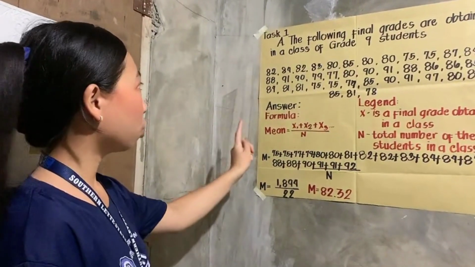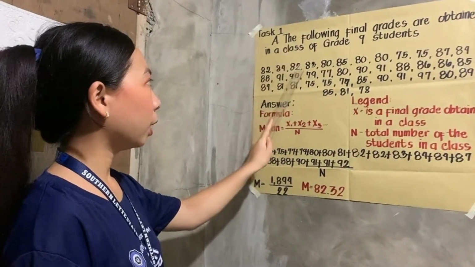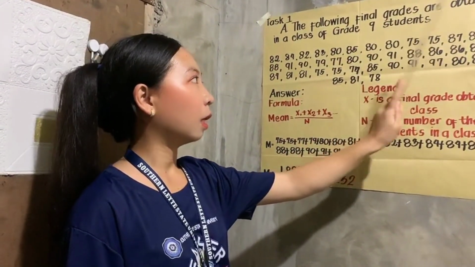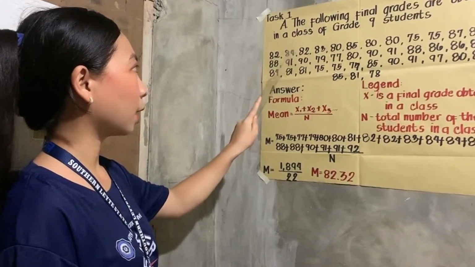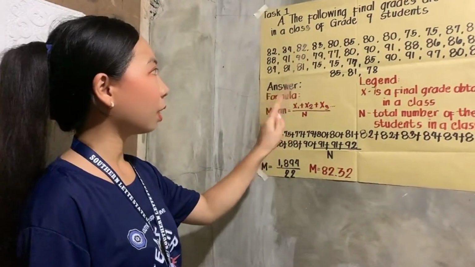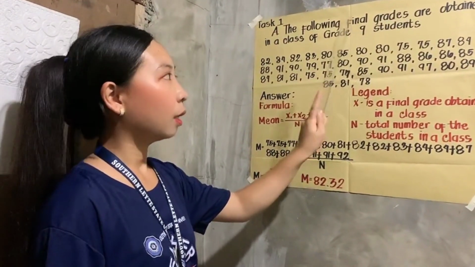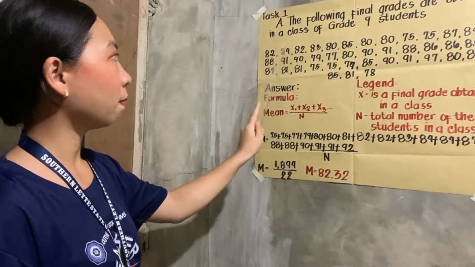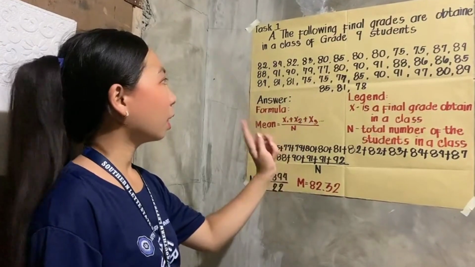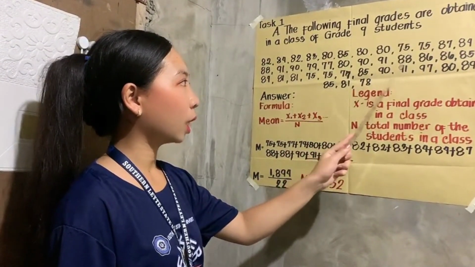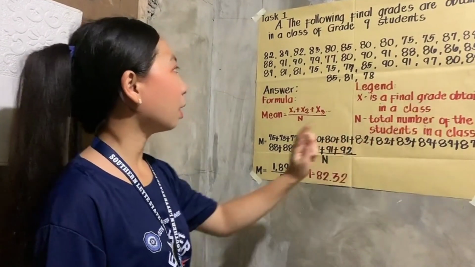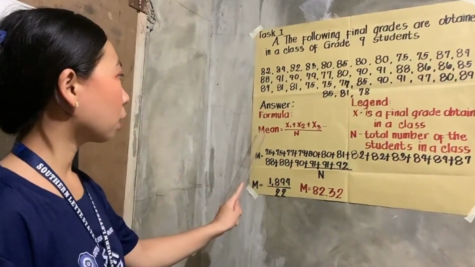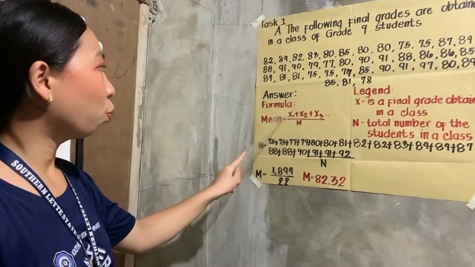It contains 82, 84, 82, 83, 80, 85, 80, 80, 75, 75, 87, 84, 88, 91, 90, 79, 77, 80, 90, 91, 88, 86, 86, 85, 84, 81, 81, 75, 75, 77, 85, 90, 91, 97, 80, 89, 85, 81, and 78.